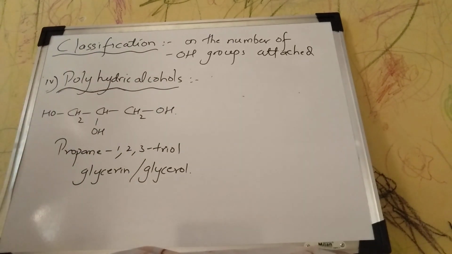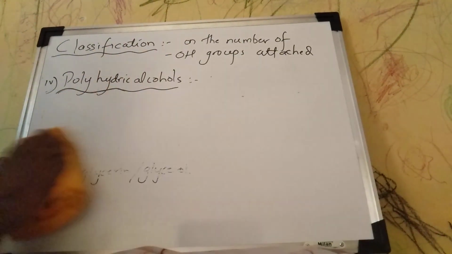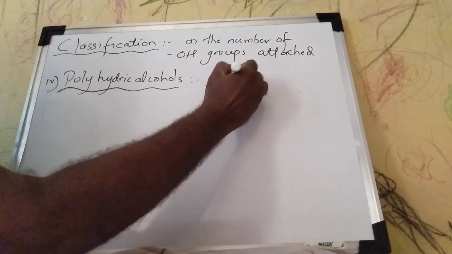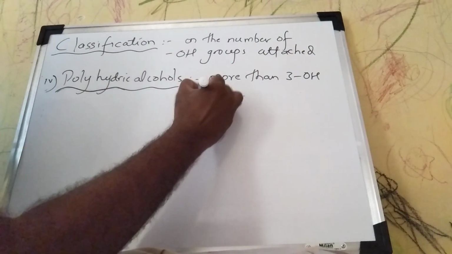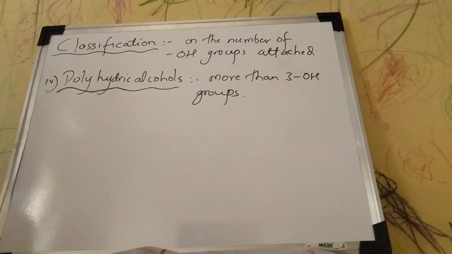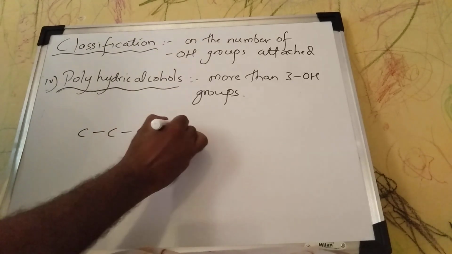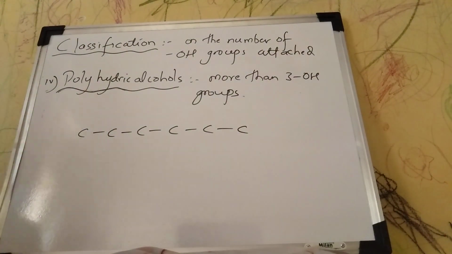Polyhydric alcohols, which contain more than 3 OH groups situated on different carbon atoms. For example, we'll take a big carbon chain of 6 carbon atoms.